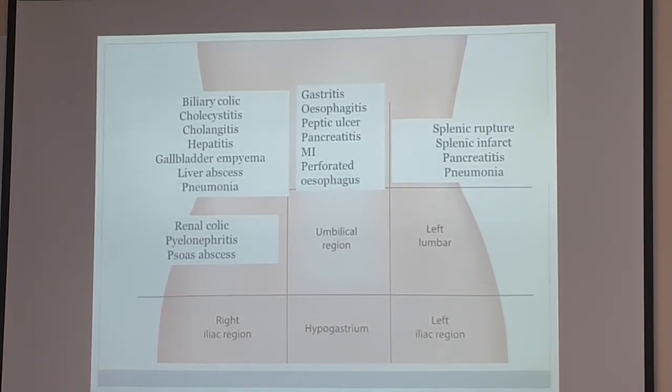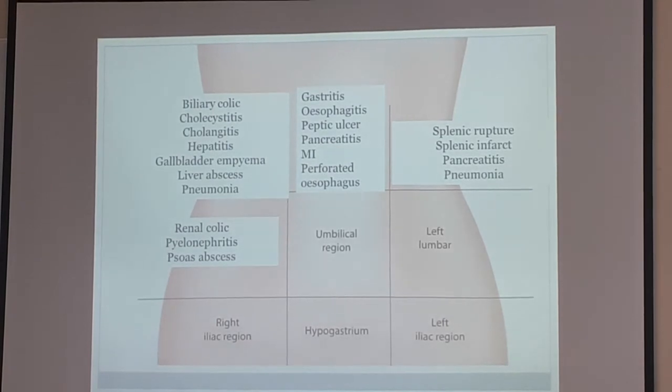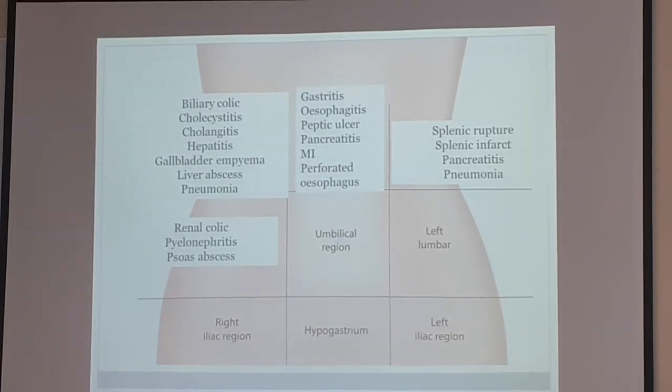Do you remember your embryology of the gut back in the day when you sat in those lectures? The appendix sits within the portion of the bowel that's supplied by the SMA. Okay. That part's nerve supply goes to the umbilical region, so that's the visceral peritoneum being irritated.